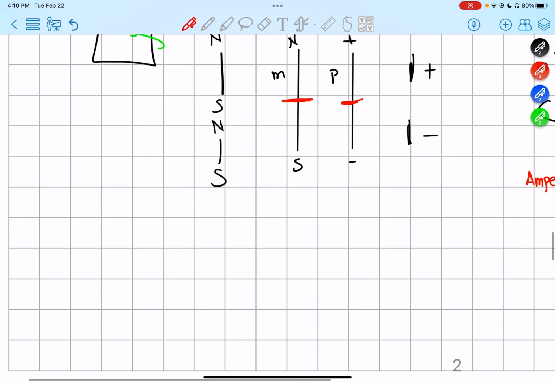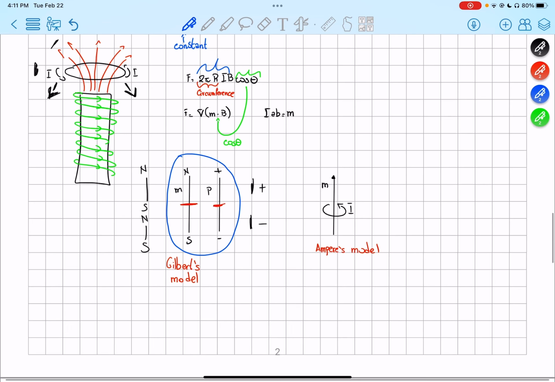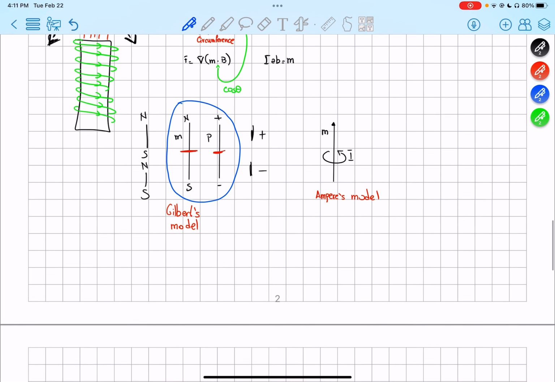And the one on the left is called Gilbert's model. So far, the initial assumption that these two are the same is pretty justifiable based on what we saw so far. However, it does not hold up based on future things that we'll see.